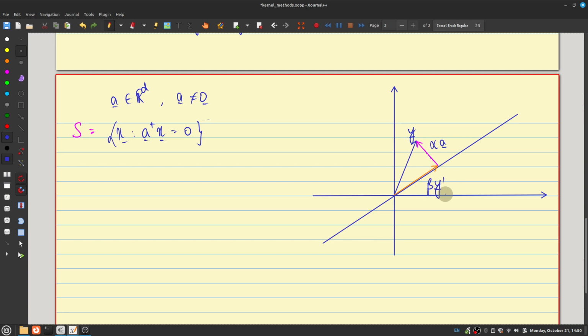And this beta y prime is effectively just the projection of y onto this space. Now this is a subspace. So what is the projection matrix onto this particular subspace? In other words, how do you find alpha, beta, and y prime?